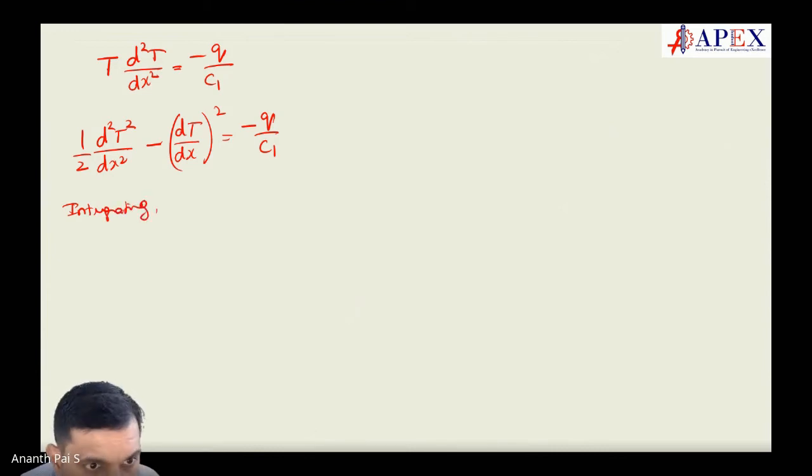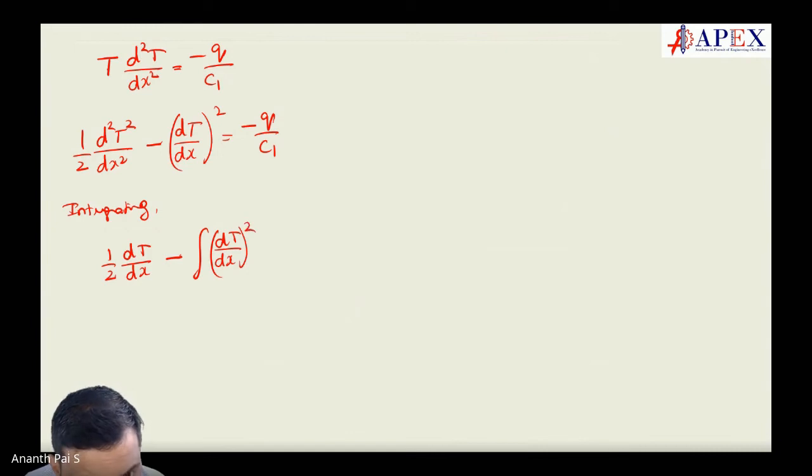Integrating, we can write half dT by dx minus integration of dT by dx the whole square dx. Will not touch it, let it be there, is equal to minus q by c into x plus c1.